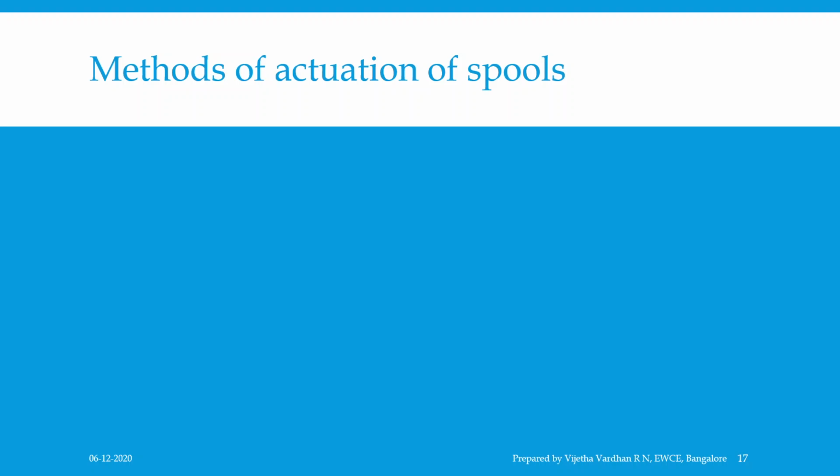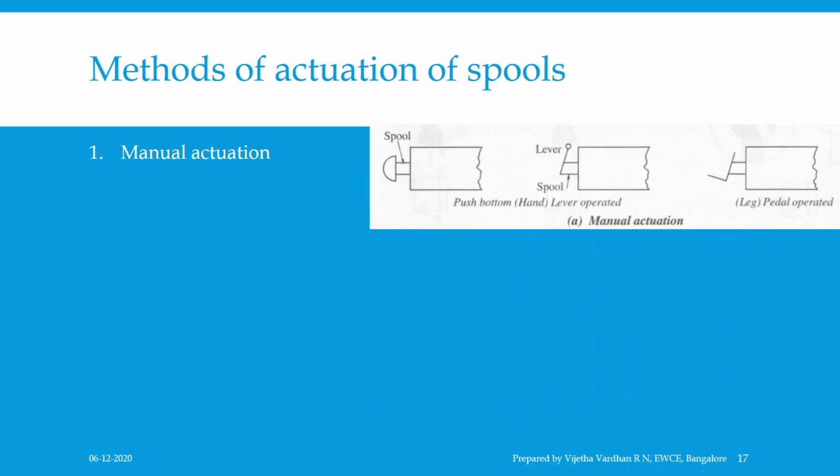The different methods of actuation employed are, first, manual actuation, which is represented by the figure over here. Manual actuation can be provided by using muscle power, that is, either using hands or legs.